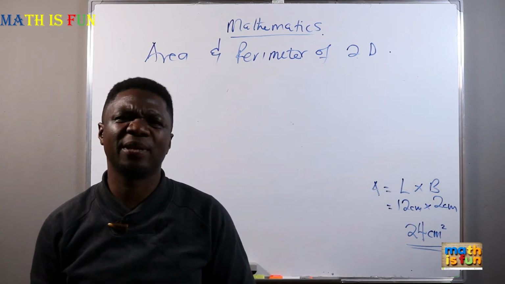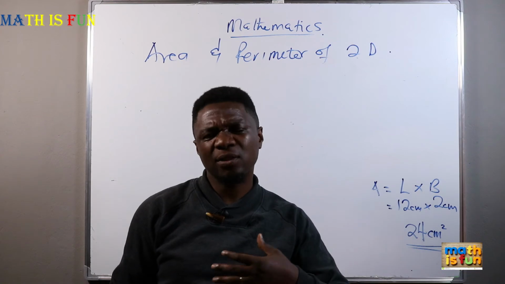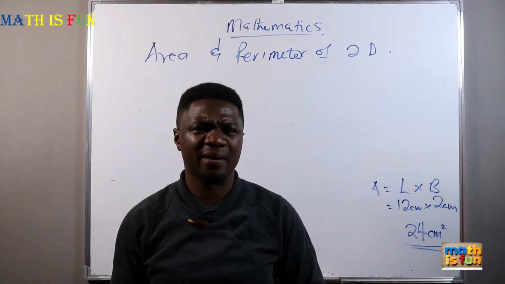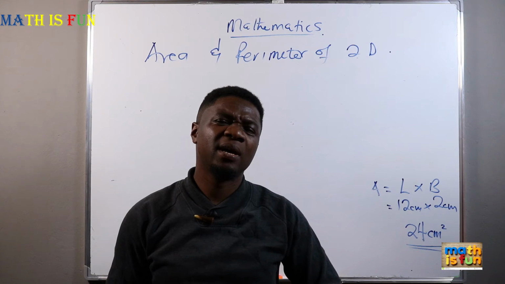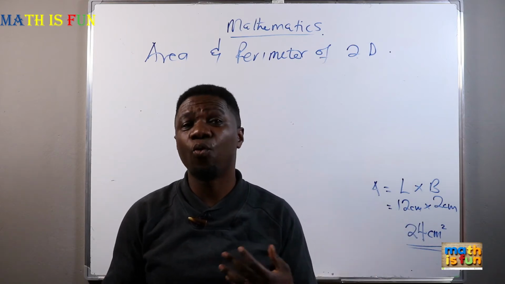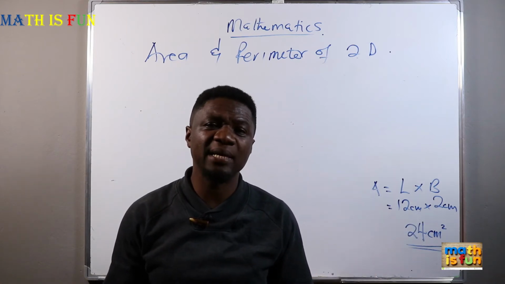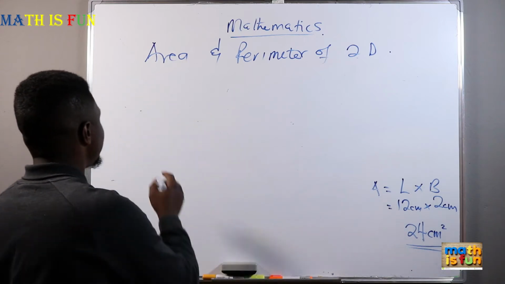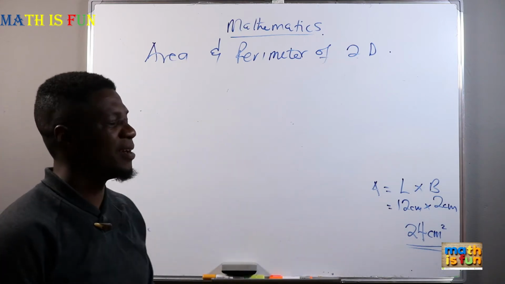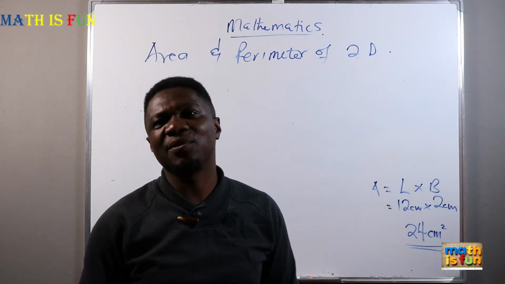Let's look at this other example. Someone asked a question, what if you're given the area and maybe the length or the breadth is not given? What do you do in that particular instance? It is simple. Okay, so the area of a rectangle, this is the question that I'm quoting.